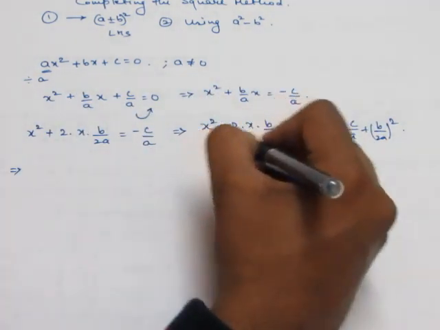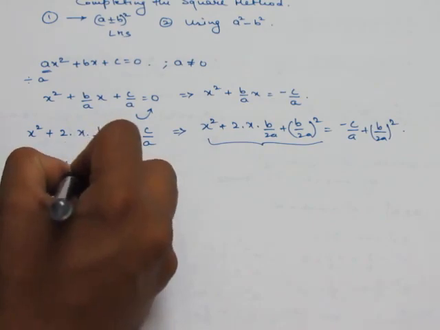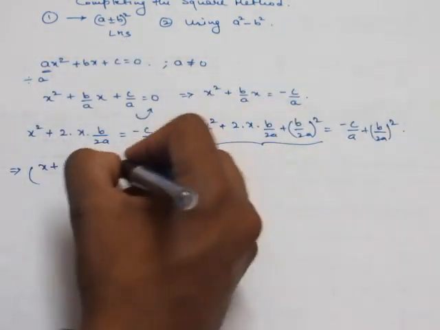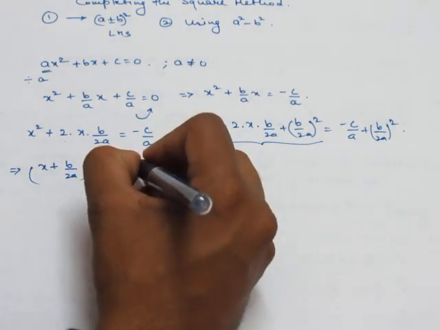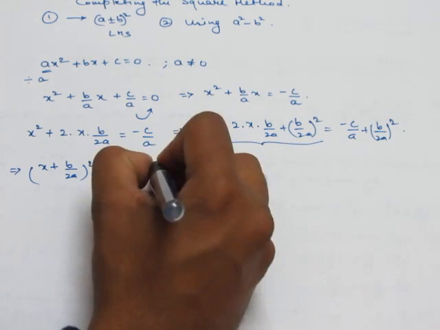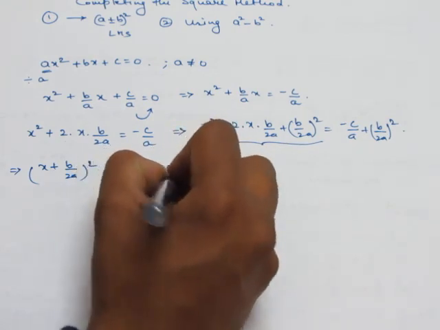Now the left side becomes (x plus b upon 2a) whole square, and on the right, if I take the LCM, we get b square minus 4ac by 4a square.